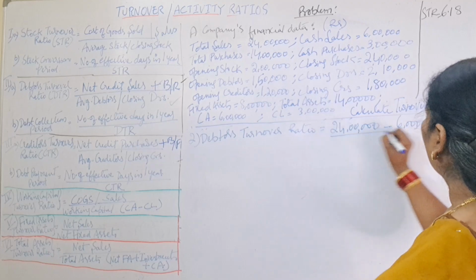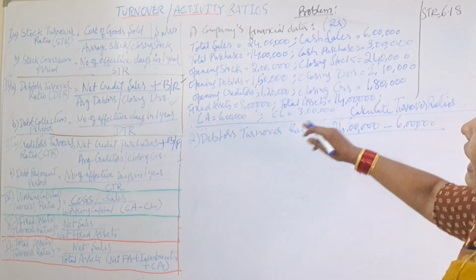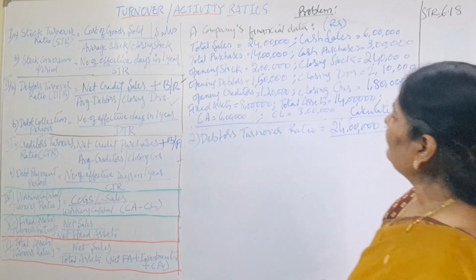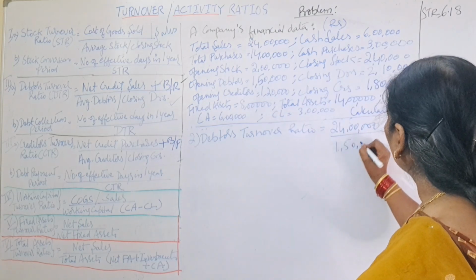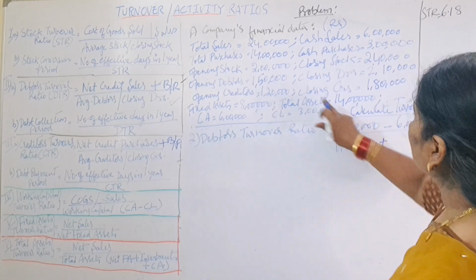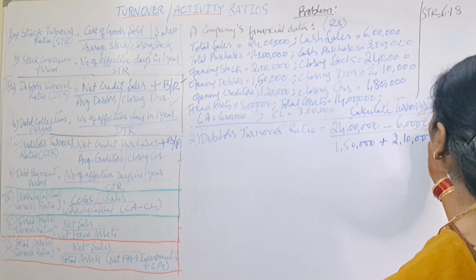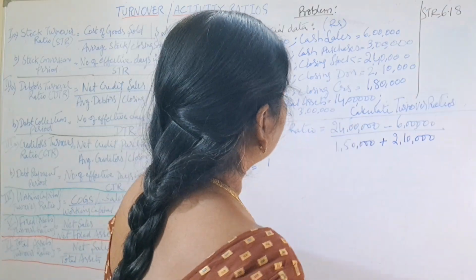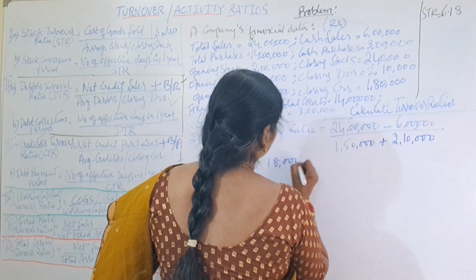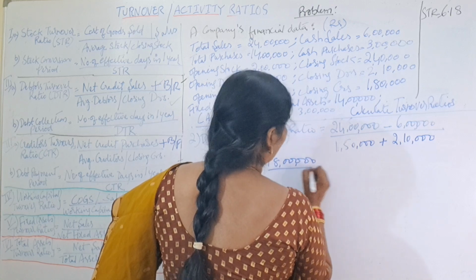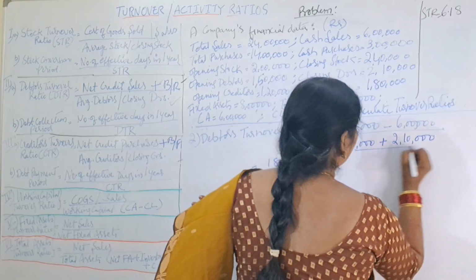This is our net credit sales divided by average debtors. Average debtors means here our opening debtors is 1,50,000 plus closing debtors is 2,10,000. 24 lakhs minus 6 lakhs means 18 lakhs divided by 1,50,000 plus 2,10,000 divided by 2.